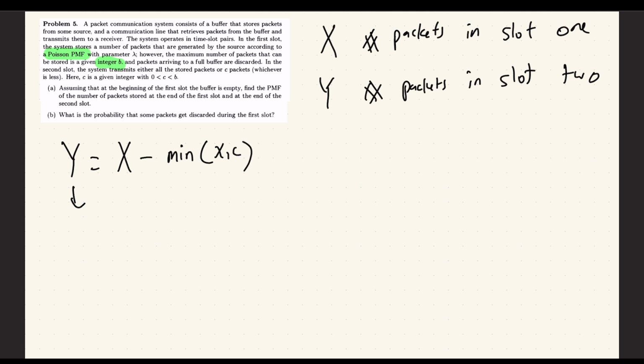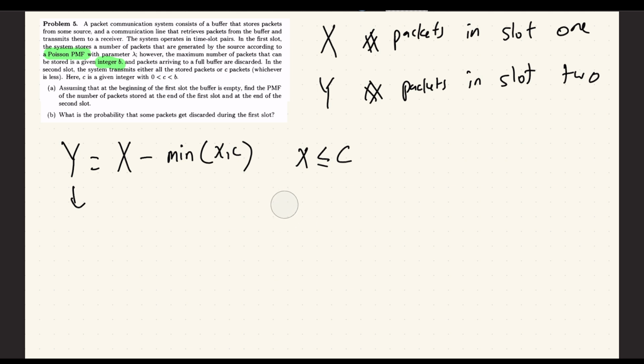Okay, now let's say that X is less than C, right? What happens? Well, Y is equal to 0, right? Because it will discard X amount and we already have X amount, so Y is equal to 0.